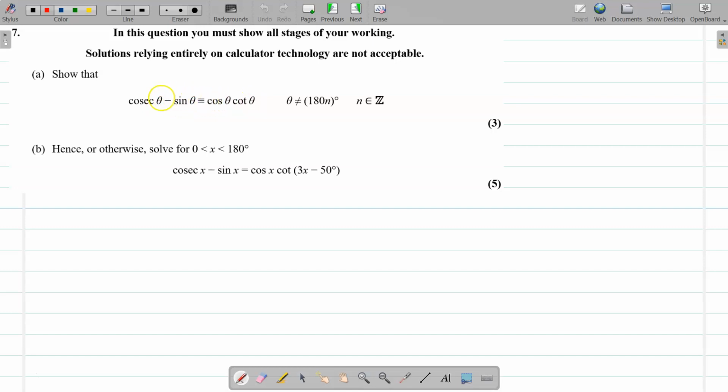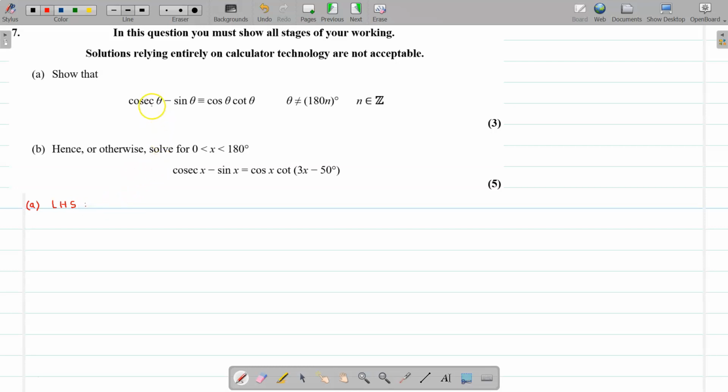So when you do these kinds of proofs, choose to start from either the left or the right and work either backwards from the right or forwards from the left, rather than just meeting somewhere in the middle, which is not really a good practice. So what we're going to do here is say from the left hand side, so I'm going to write LHS, which is an accepted abbreviation for left hand side.